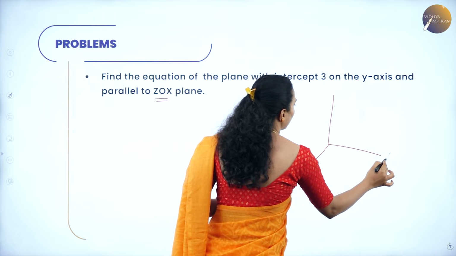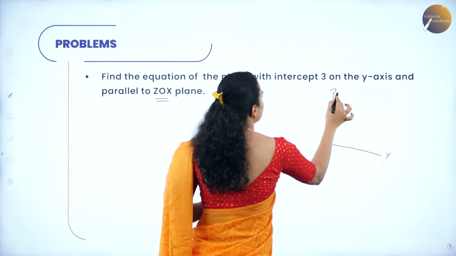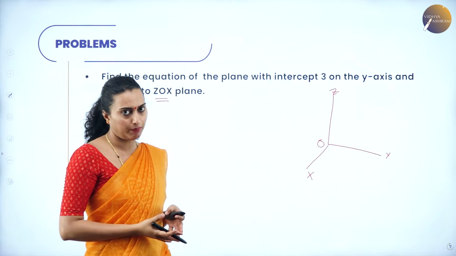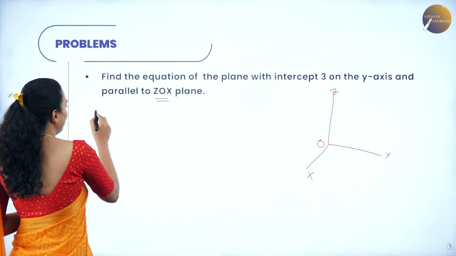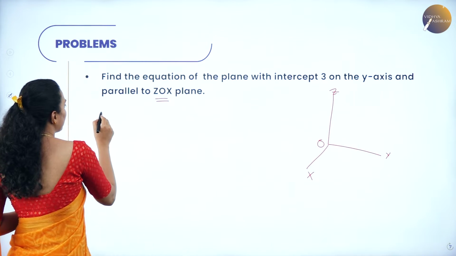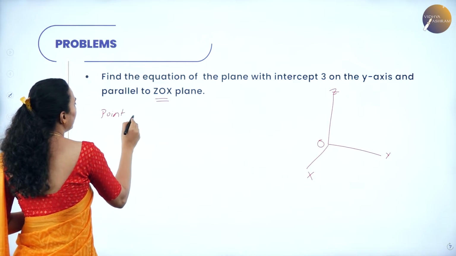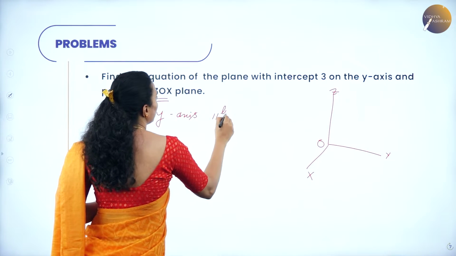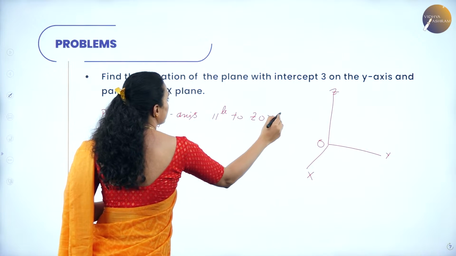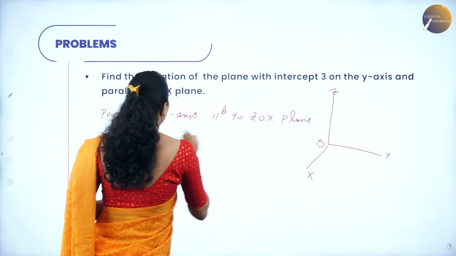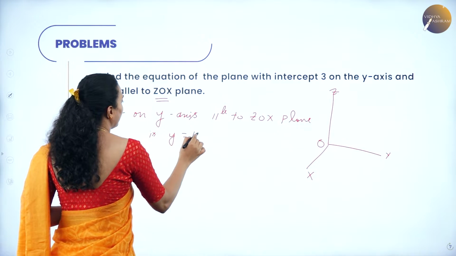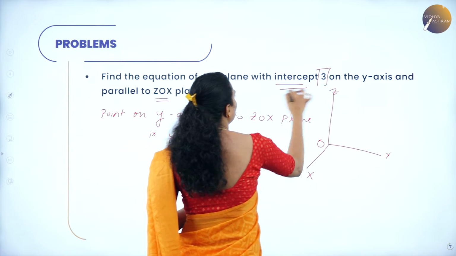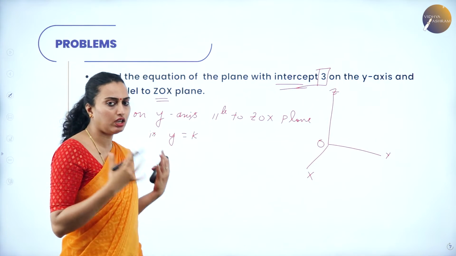This is Y, this is X, and this is Z. They have given the y-intercept, so it is a point on the y-axis, and a plane parallel to the ZOX plane is y is equal to k, isn't it? They have given the intercept of 3, so y is equal to 3 is your answer.